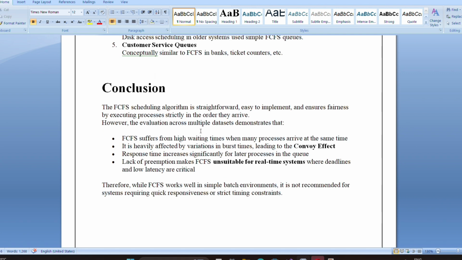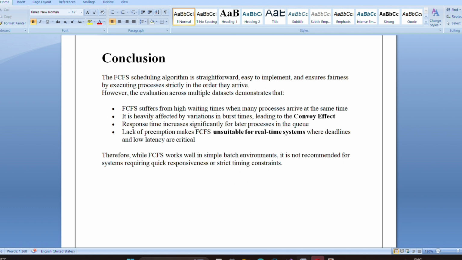It is heavily affected by variations in burst time, leading to the convoy effect. Response time increases significantly for the later processes in the queue. Lack of preemption makes FCFS unsuitable for real-time systems where deadlines and low latencies are critical.